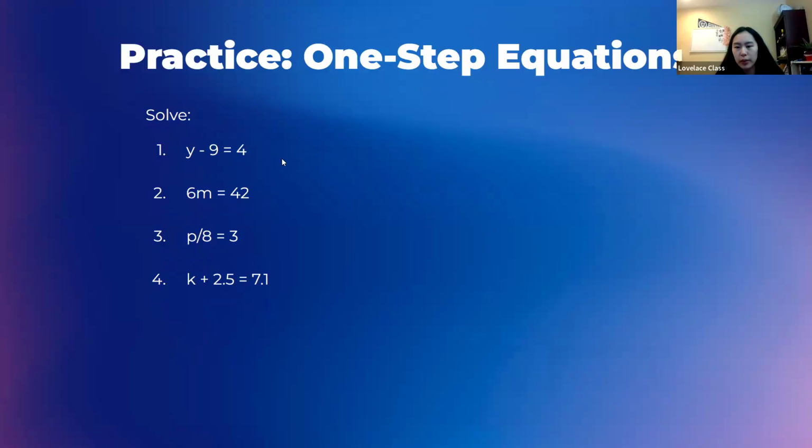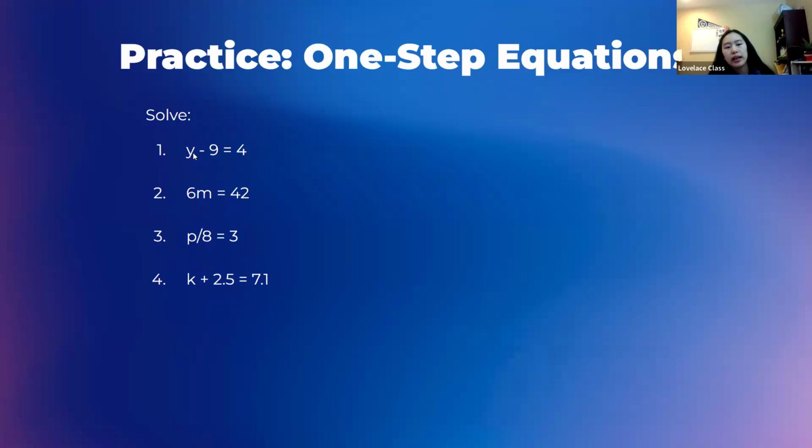Just in the order of people who raised their hand, Darlena, do you want to explain the first problem? Is the first problem 13 because 9 plus 4 equals 13? Yeah. Okay, that's a good job. So you add 9 to both sides because we see that the operation is minus.